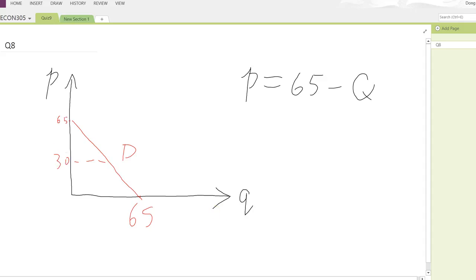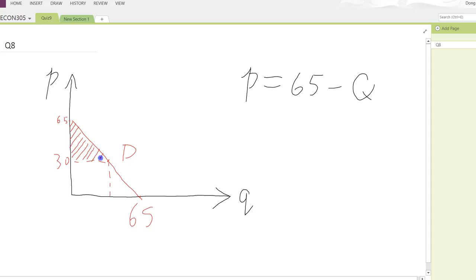The price is here. The consumer surplus is the area between the demand function and the price. That's the definition. So in terms of the graph, this is basically this area here, this triangle area.